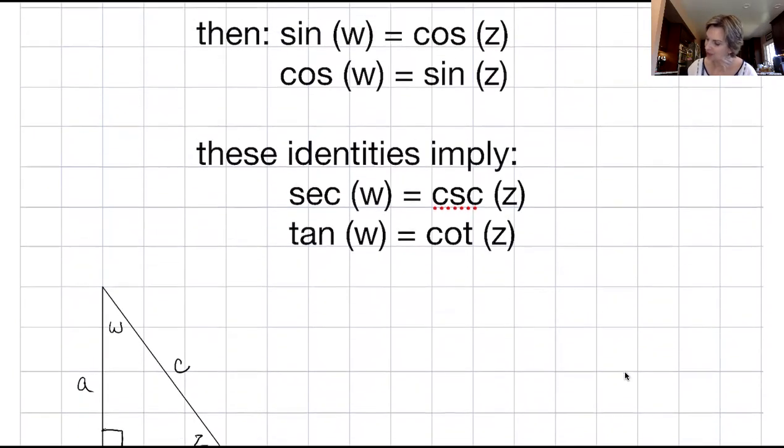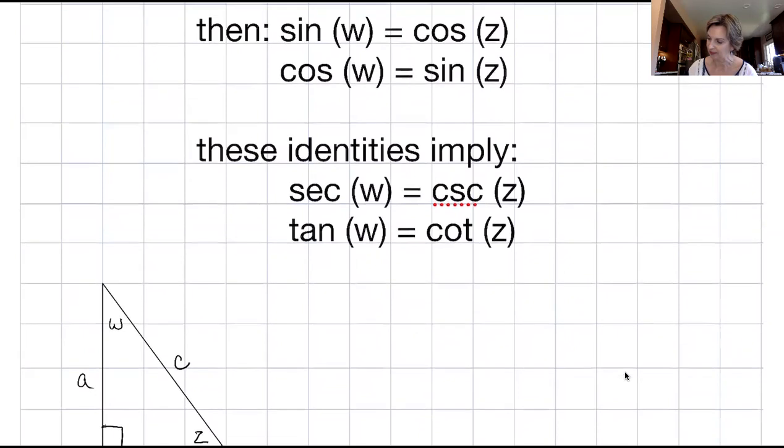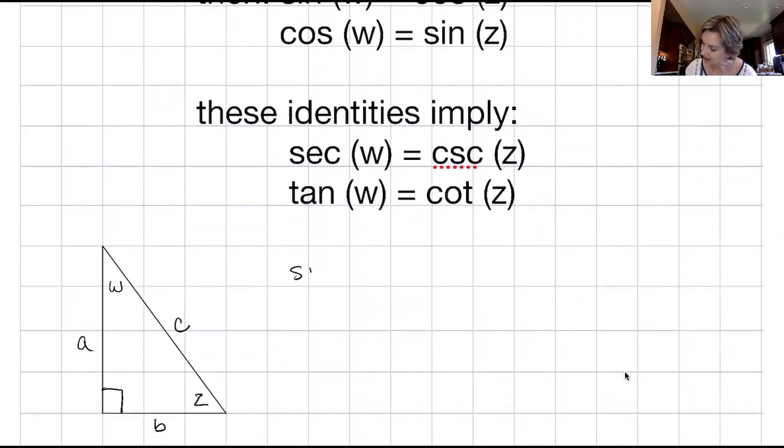All right, so we're going to start with sine of W and cosine of Z. Let's see if that's really true that they are equal to each other. So the sine of W, sine is opposite over hypotenuse.